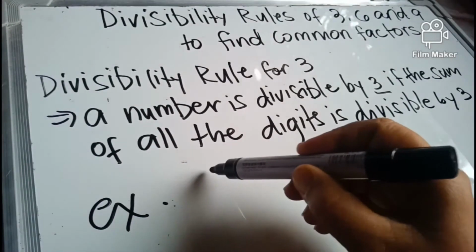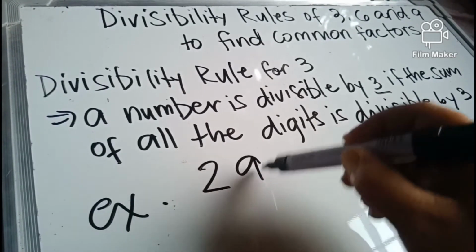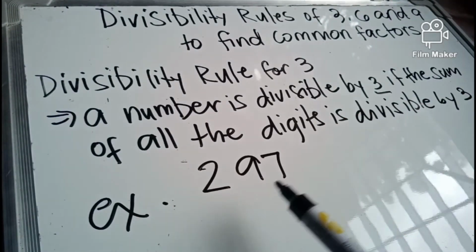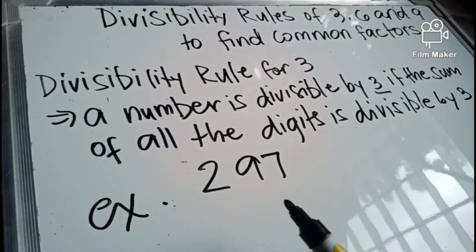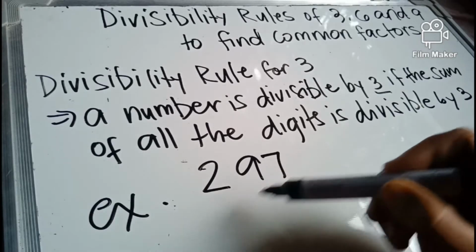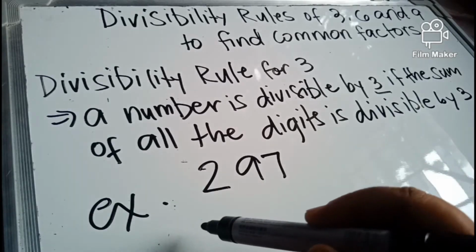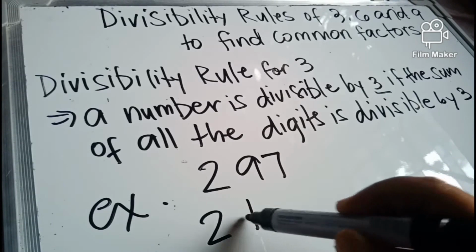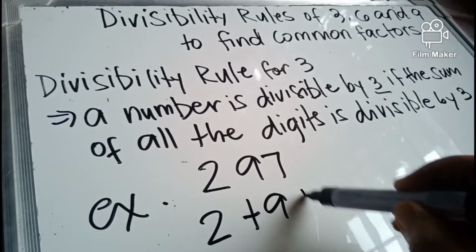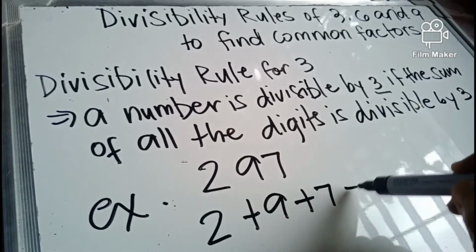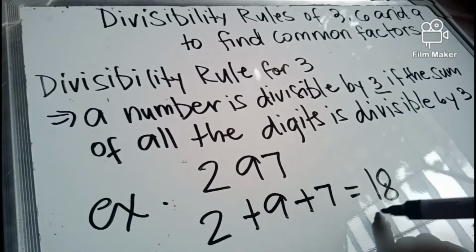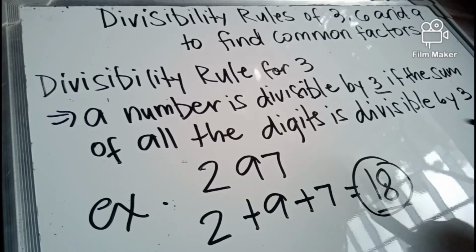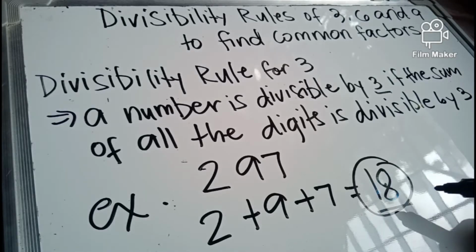So, example, I have here the number 297. Titingnan natin kung ang 297 ba ay divisible by 3. So, using the rule, i-add natin yung digits. So, 2 plus 9 plus 7 equals 18. So, itong sum na 18, ito ba ay divisible by 3?